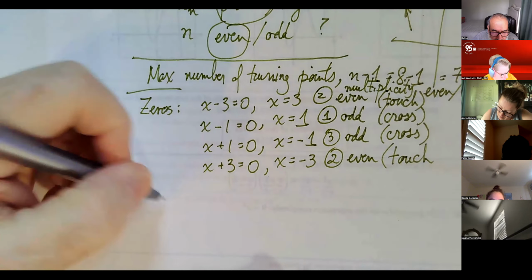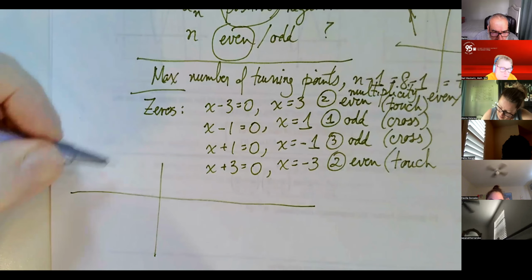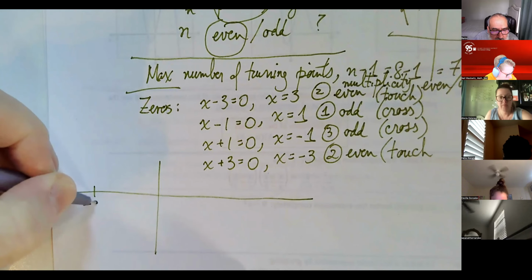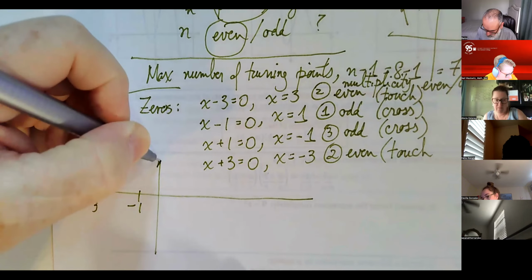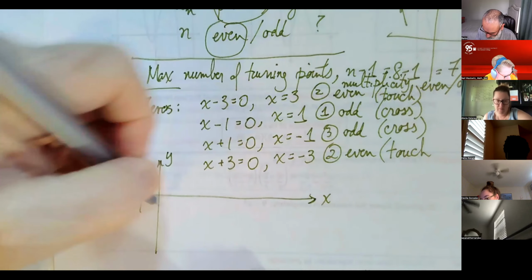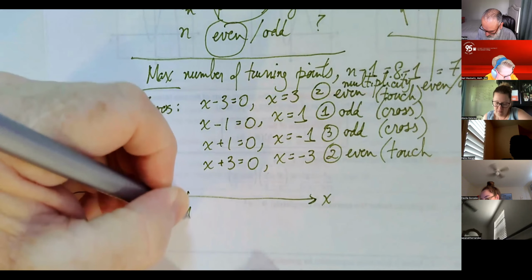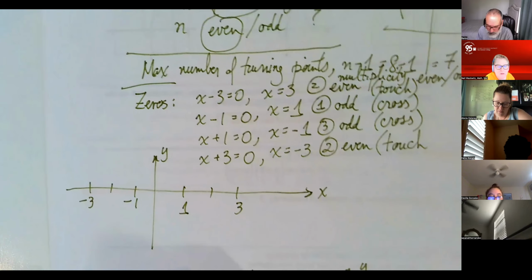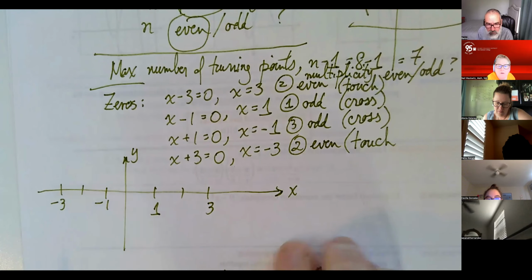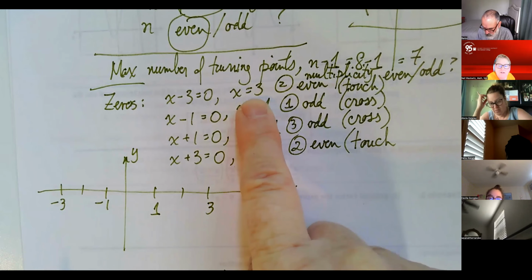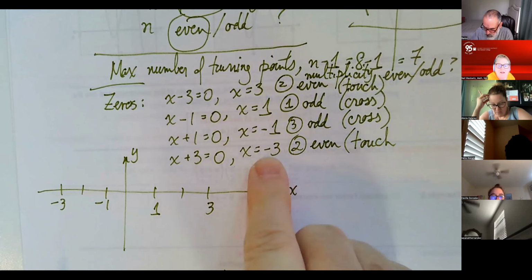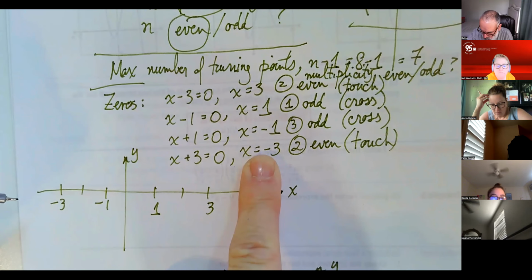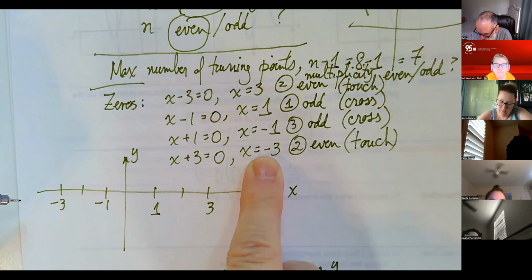So let's make a sketch. We've got zeros at -3, -1, 1, and 3. And what am I doing at -3? It's going to be a touch.